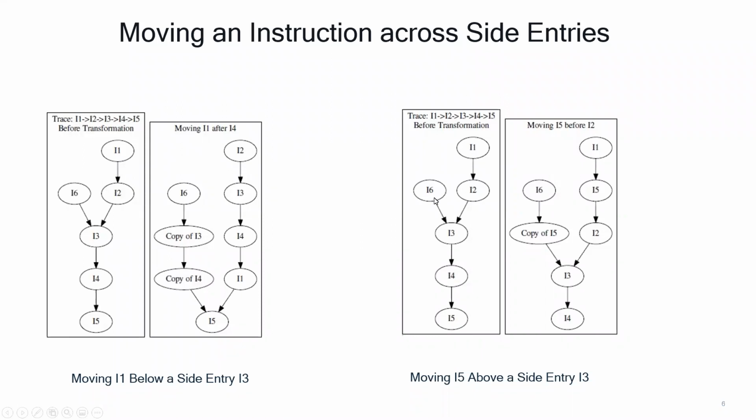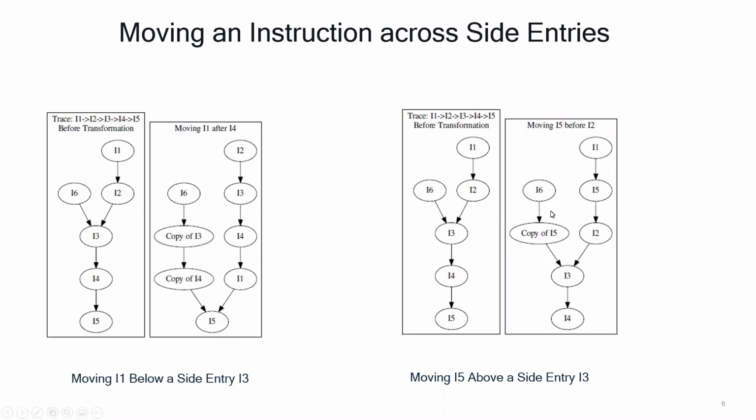Otherwise, we wouldn't be executing I5 at all in the off trace path. So this is how we have to do. Is the right hand side transformation clear? Or is there any doubt in why we have to transform code like this?